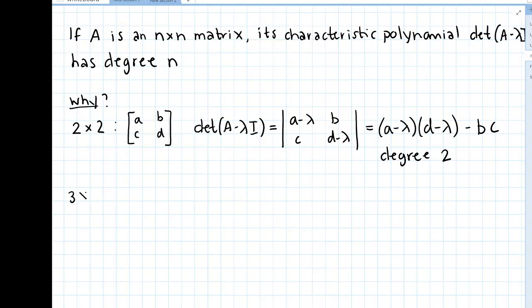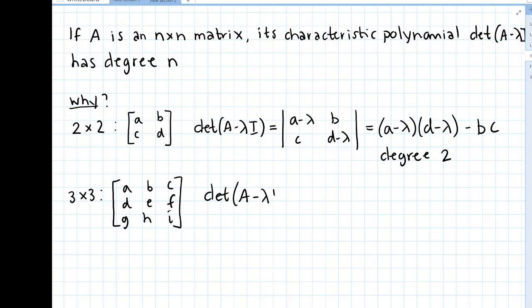So if you have a 3 by 3, this time let's do A, B, C, D, E, F, G, H, I. Now the determinant of A minus lambda I is going to look like this: A minus lambda, B, C, D, E minus lambda, F, G, H, and I minus lambda.